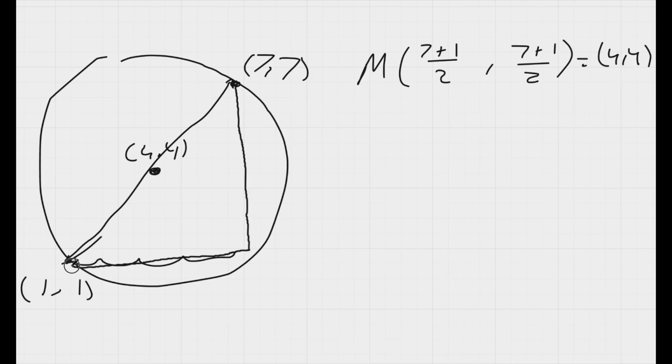Pythagoras. Yes, your good old friend Pythagoras is back. Find the distance: 1 to 7, it's 6. 1 to 7, 6.